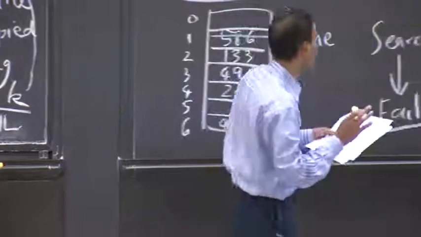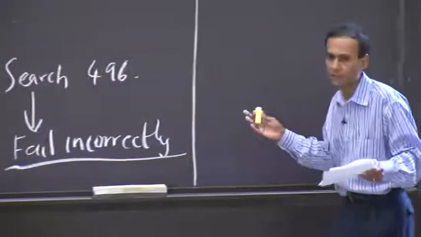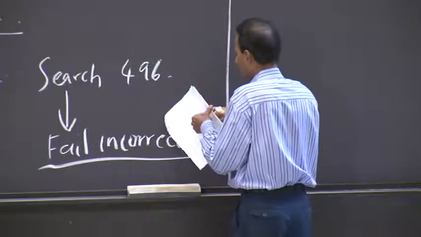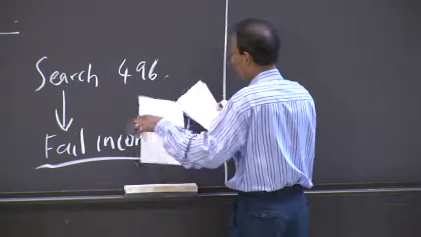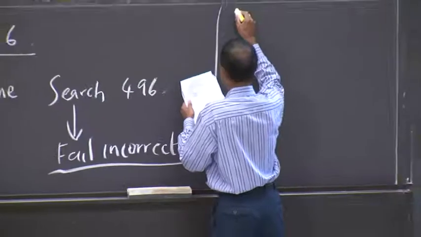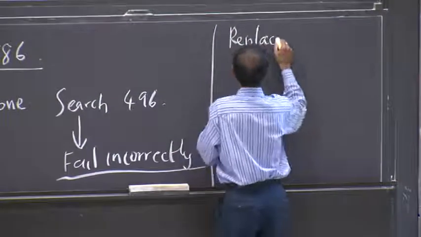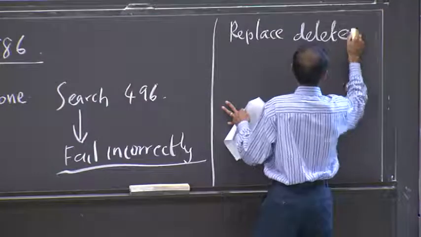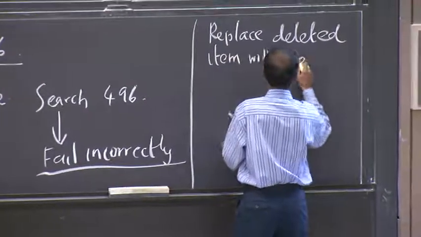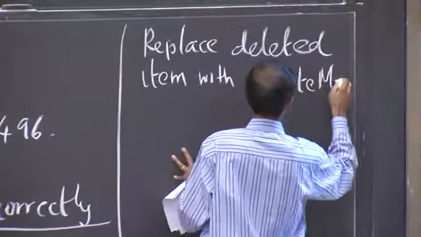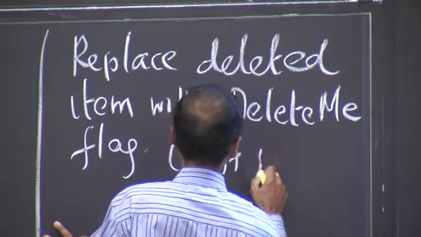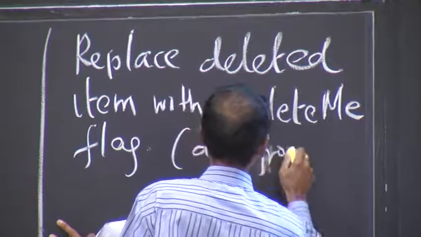We're now going to have to do a couple of different things for insert and search. It's going to be subtly different. But the first thing we're going to do is we're going to have this flag, and I'll just call it the delete me flag. When I delete something, replace the deleted item with not the none flag, but a different flag that we'll call delete me, which is different from none.